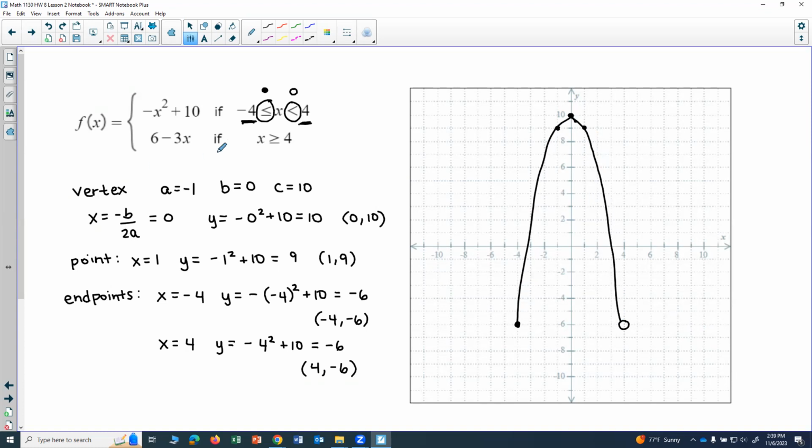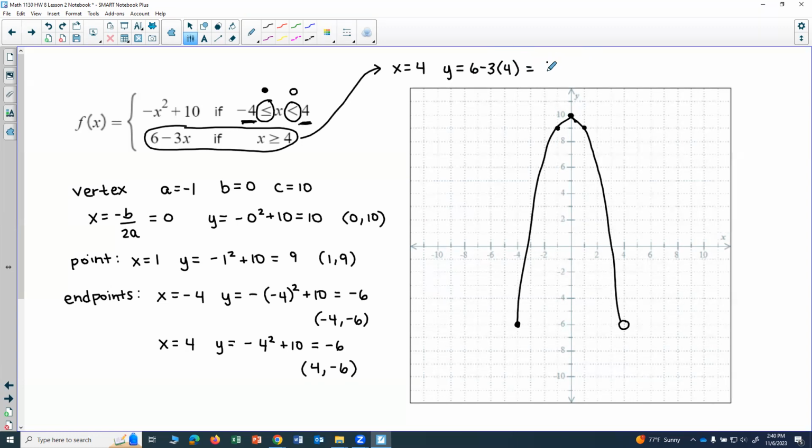Now I want to graph the linear part. I haven't done anything with this yet. So 6 minus 3x, if x is greater than or equal to 4. What I want to do with this part is start by finding the value when x equals 4. So when x equals 4, I'll have y equals 6 minus 3 times 4.